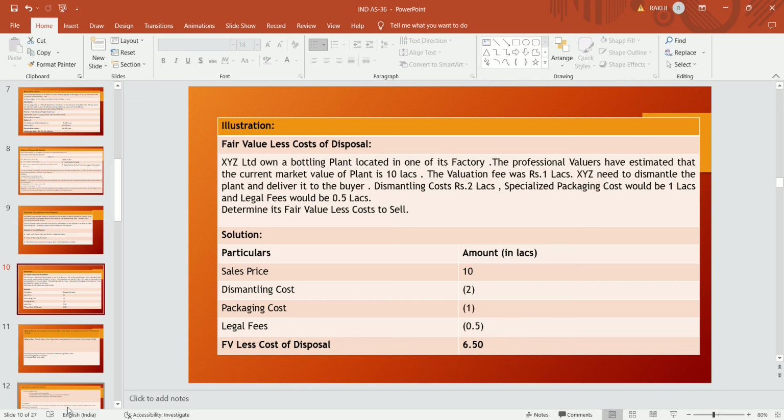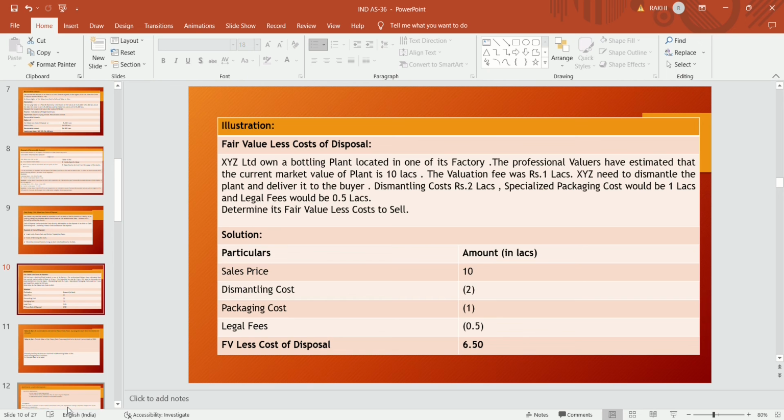And the cost to sell: is the valuation fee related to this incremental cost of the sale of the asset? No, the valuation fee is not related, because firstly the company will do the valuation to decide whether the asset is impaired or not.